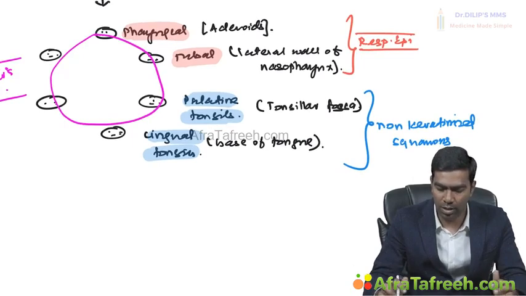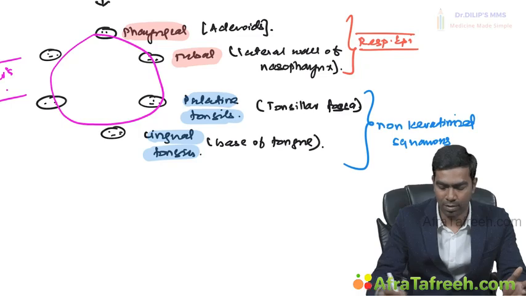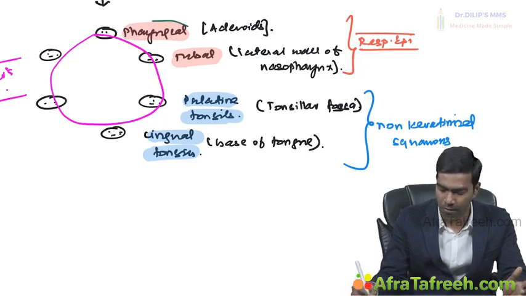And one more thing: among all the tonsils, which does not have crypts? It's a very important point, because crypts are a very important anatomical landmark of tonsils, which you can see grossly. So which of the tonsils will not have crypts? The answer is definitely the pharyngeal tonsils, that is the adenoids.